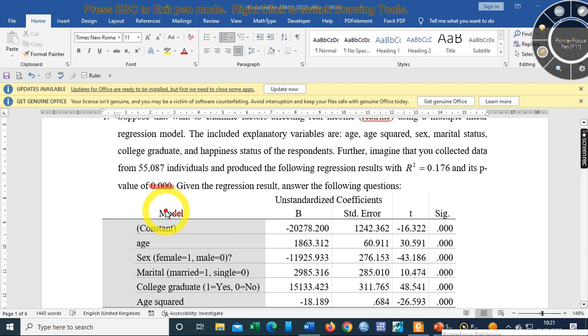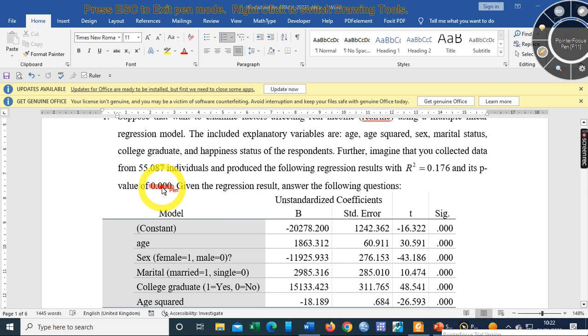If the p-value of the R square is less than 0.05, we reject the null hypothesis, which says that the model doesn't fit. In our case, the p-value is less than 0.05, even less than 0.01.